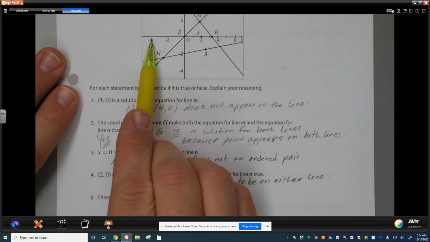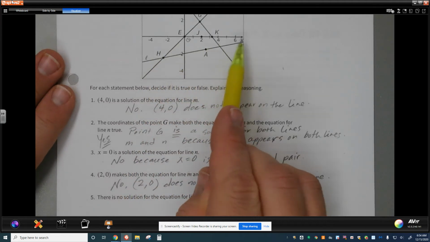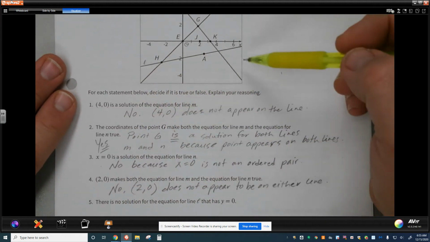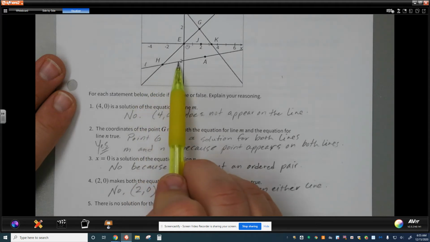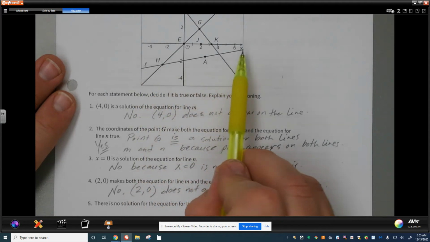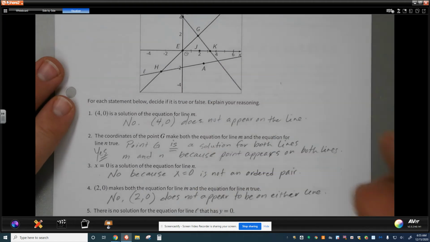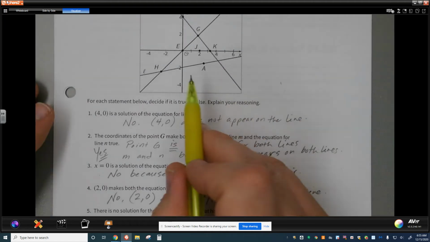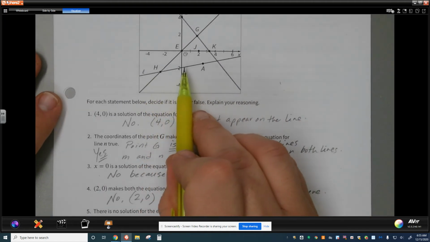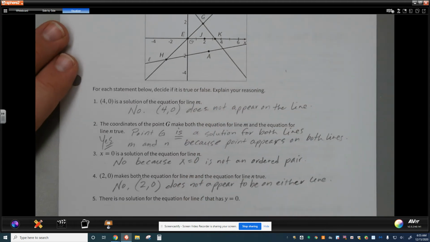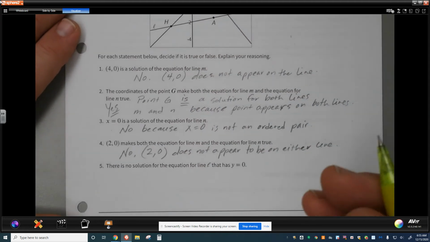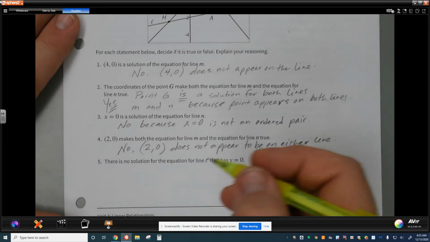That would have to be somewhere along the x-axis. The line is continuing across the plane, but it does not cross the x-axis anywhere in this picture. However, since the slope is increasing steadily over time, at some point there would be some place where y equals 0.